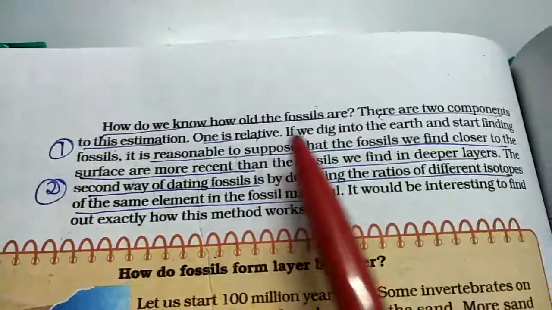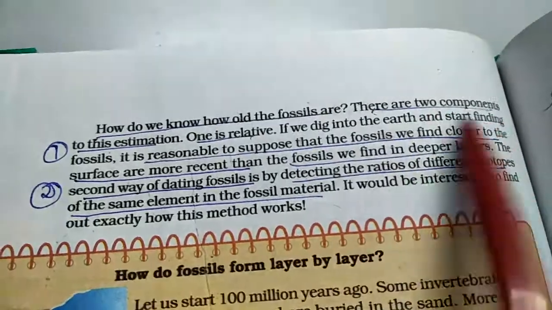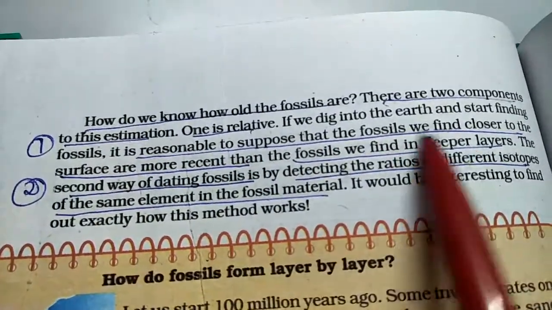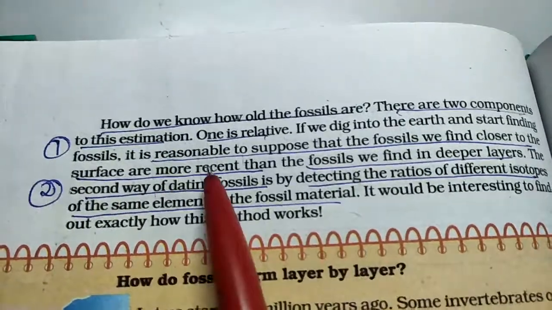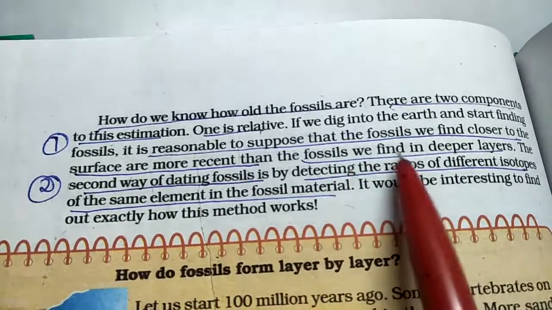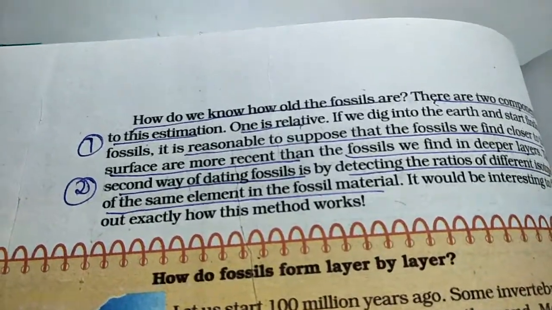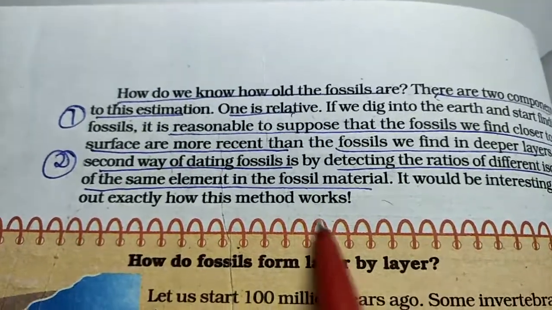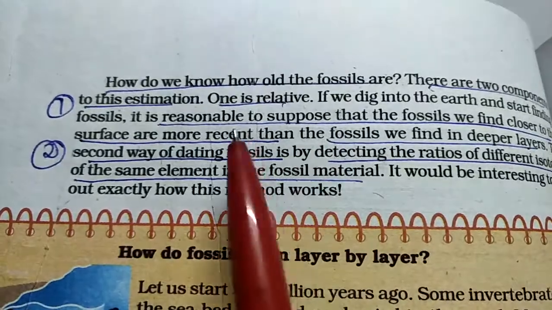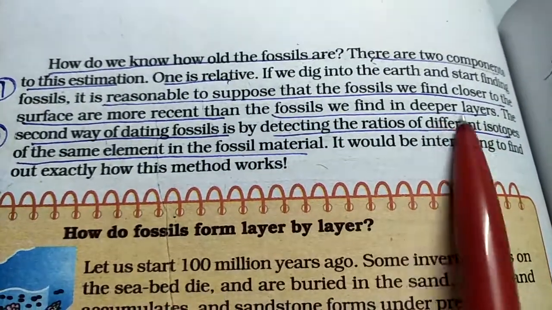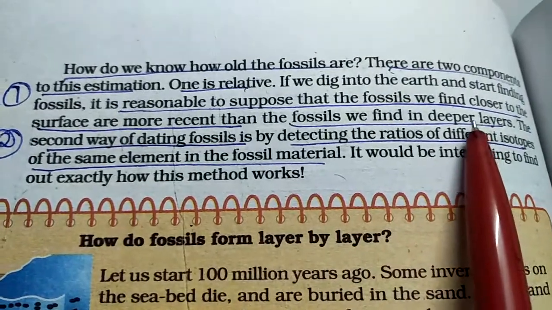When we dig the earth and start finding fossils, it is reasonable to suppose that the fossils we find closer to the surface will be more recent, and the fossils deeper down are older. So if a fossil is found in the upper surface, it is a recent fossil. But if you find it in deeper layers, it is a very old fossil.